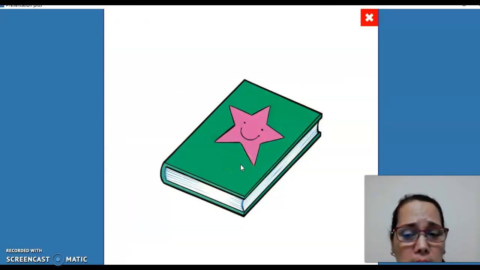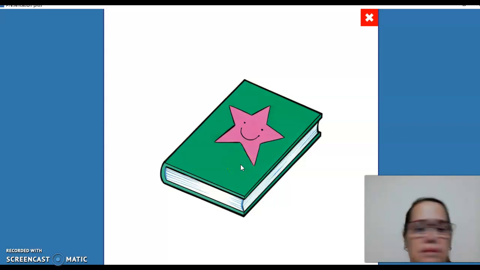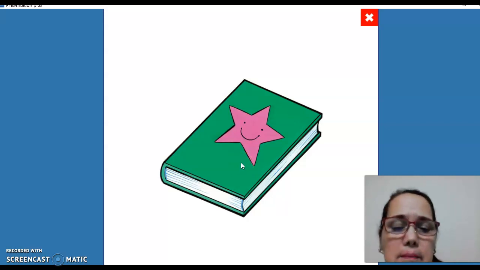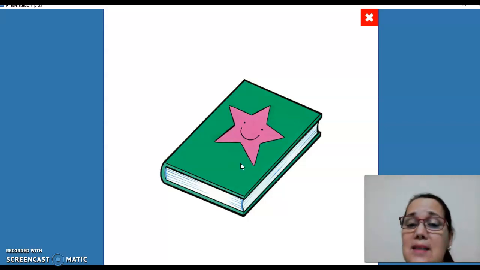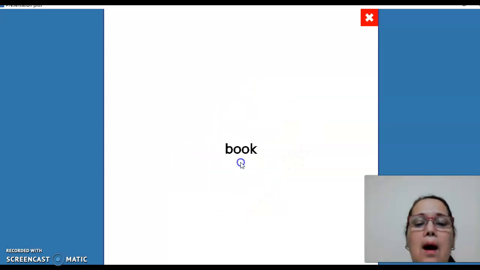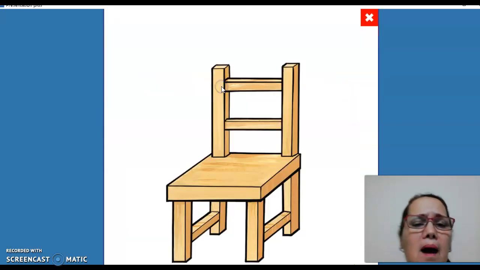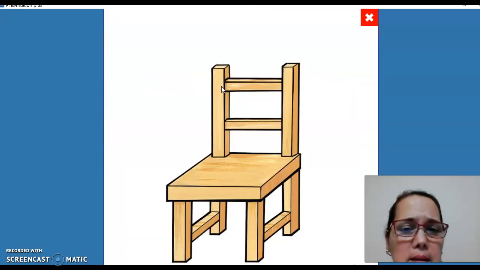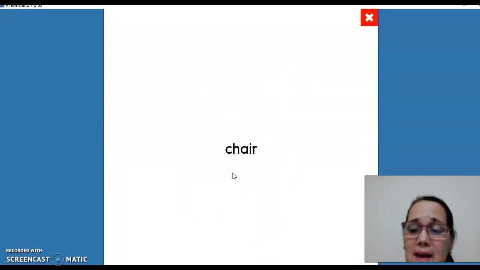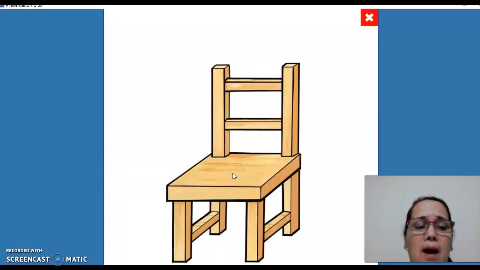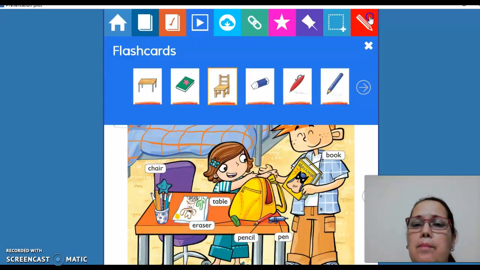Is this a chair? No, it's not. What's this? Yes, it's a book. Book, a green book. And what's this? Yes, it's a chair, a brown chair.